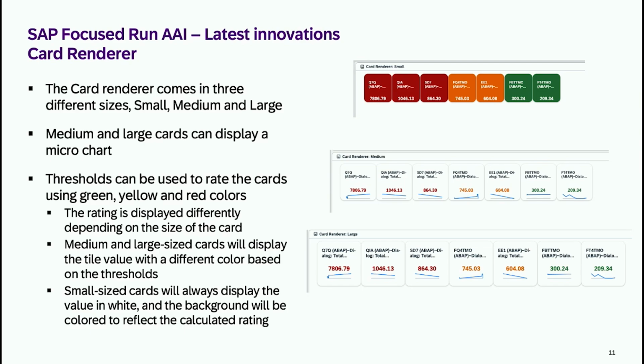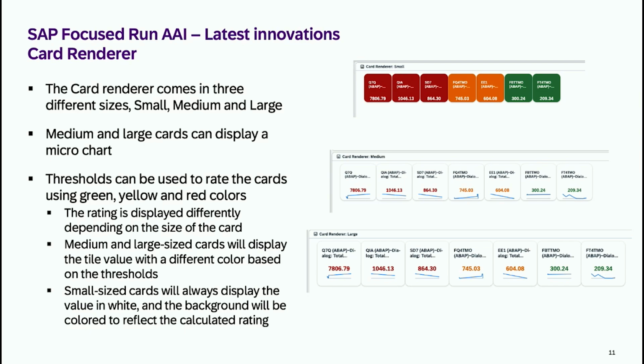In case you use the more compact format, the small one, as you can see, the whole background will be colored. Otherwise, if you use the medium or the large sizes, the number within the tile will be colored.